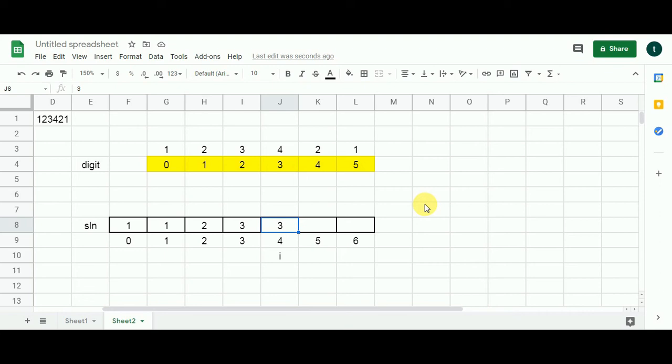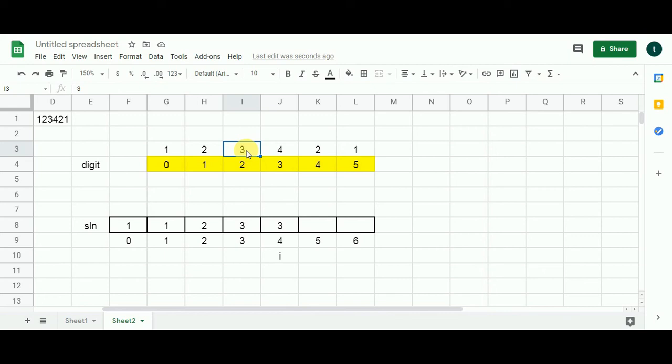Now we are going to check if we are getting any new decoding over here. So I minus 2 of the digit array is going to be this value 3. Our first condition says that this digit has to be either 1 or 2. Here it is 3, so this condition is denied.